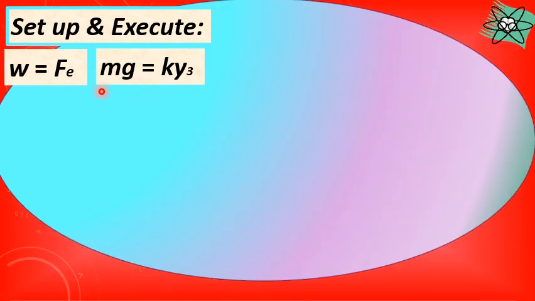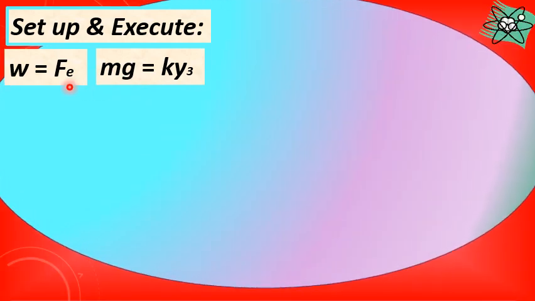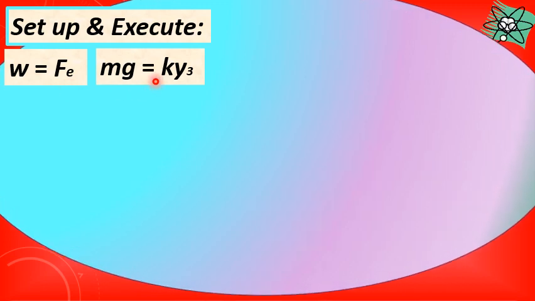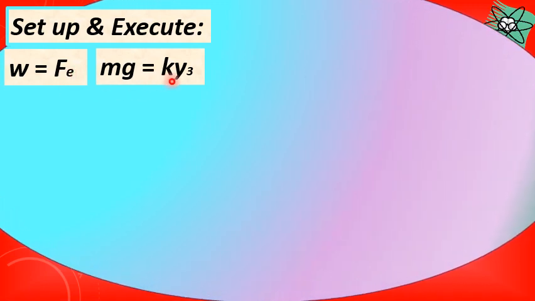Dynamic equilibrium. So, since the weight is the mass times acceleration due to gravity, the spring force F sub E can be expressed as the product of the force constant K and the displacement y sub 3.